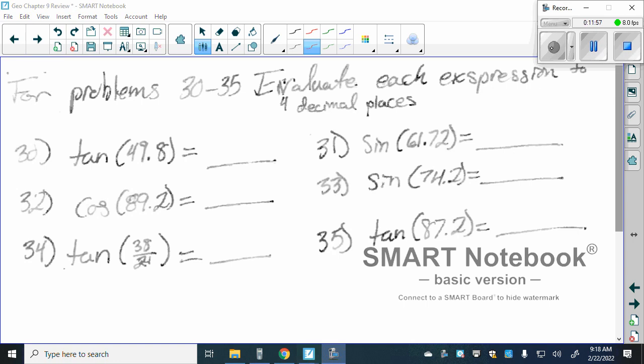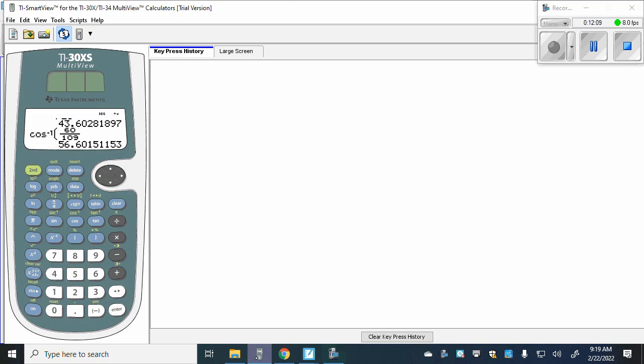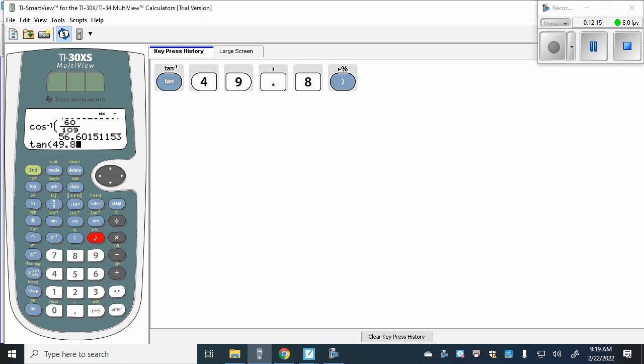So the next part is to evaluate each expression to 4 decimal places. Well, the first one we have is tangent of 49.8. Well, we can pull the calculator up and say tangent of 49.8. Enter.